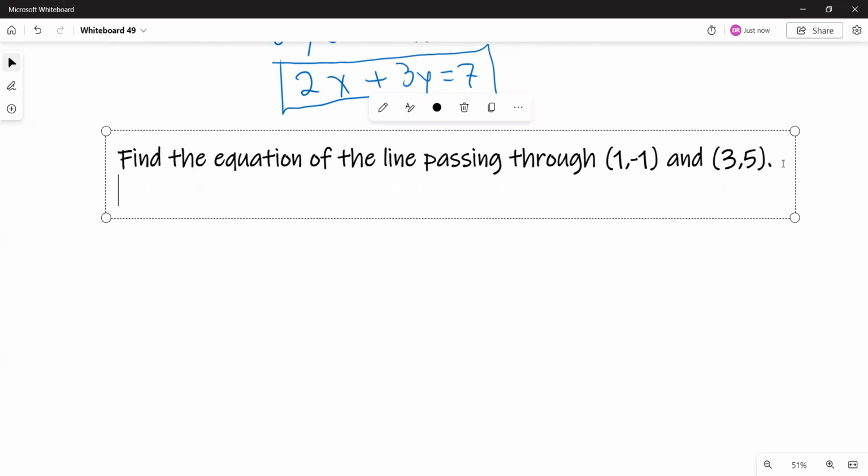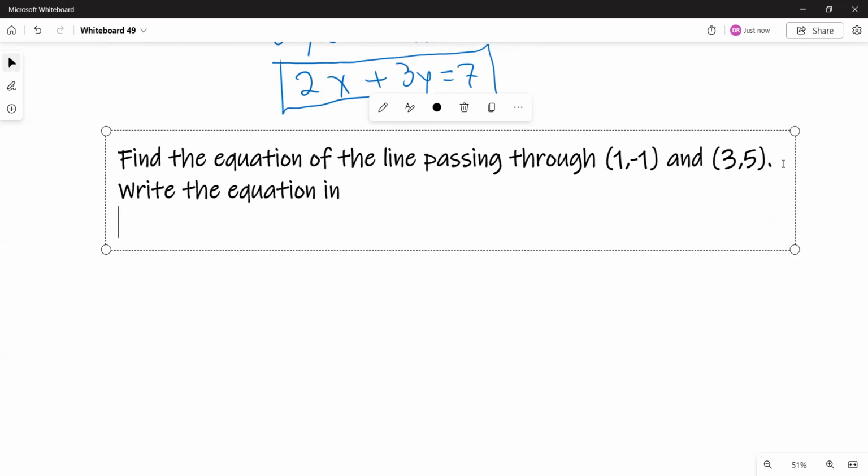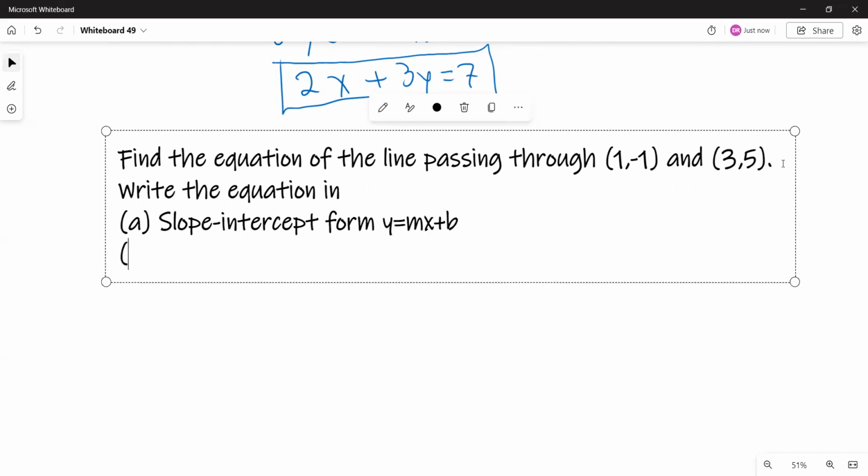And we are going to write the equation in slope-intercept form and standard form.